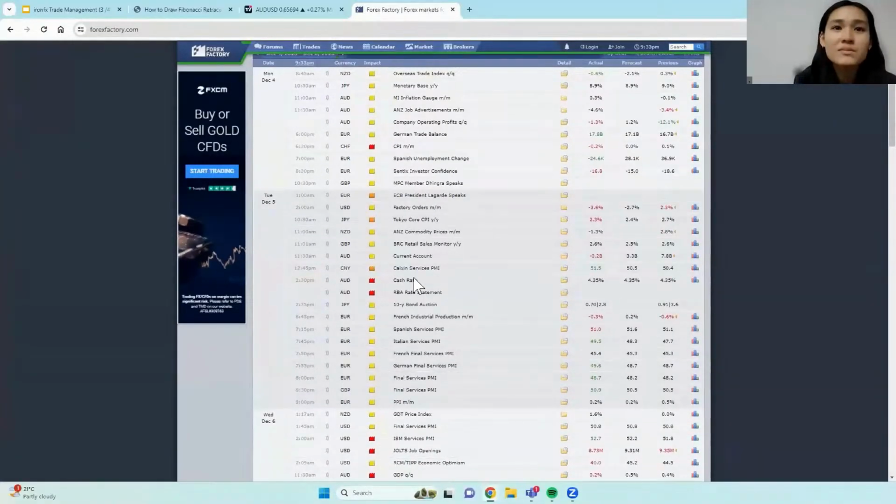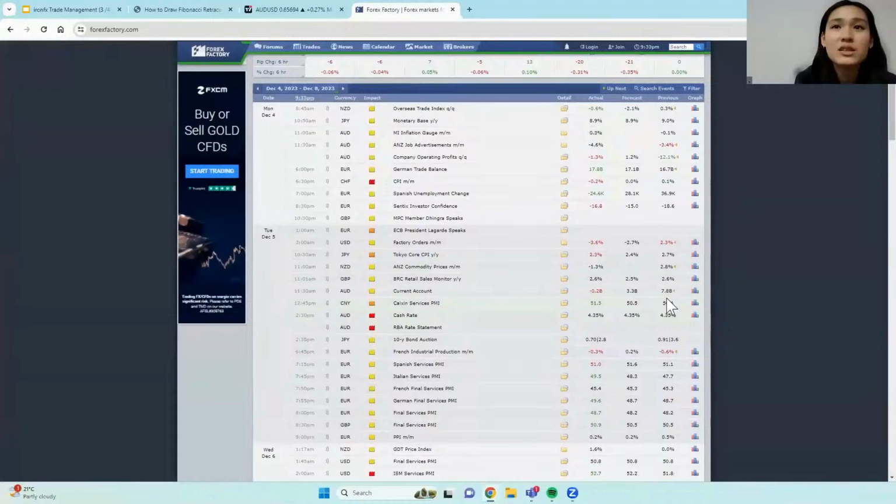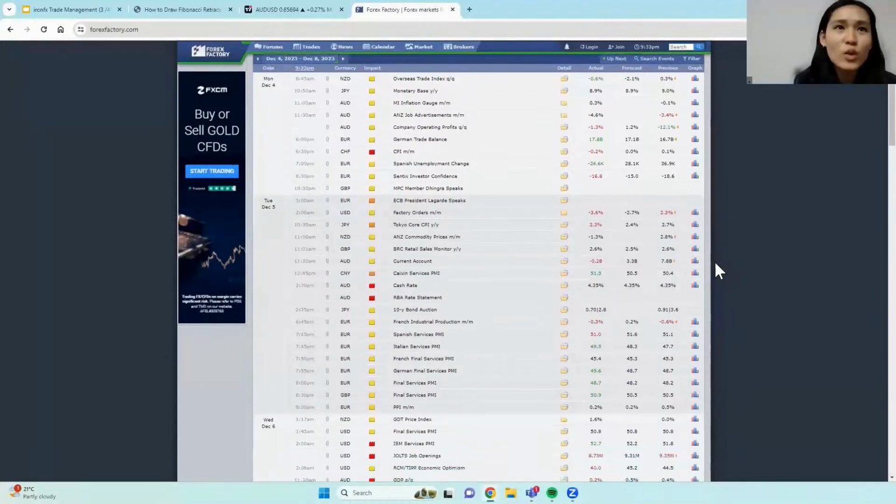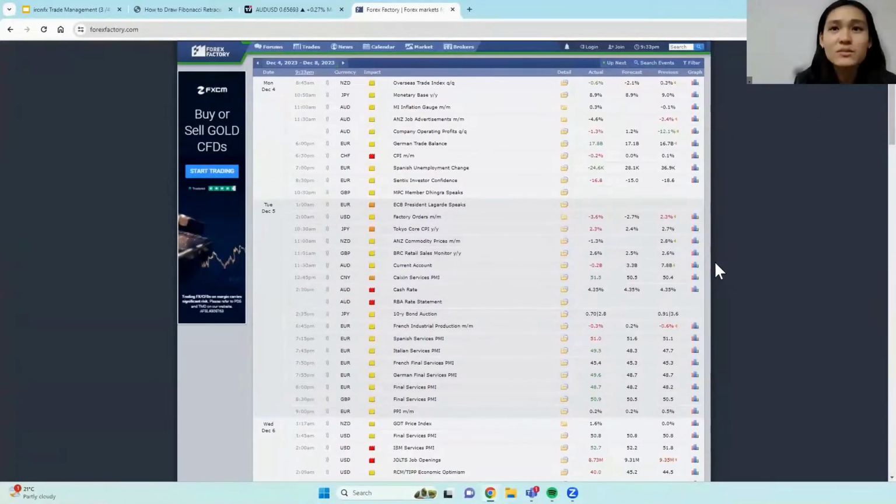Feel free to just copy the names of whichever news event you're looking for into Google and look for an explanation on what you are expecting, what the investor sentiments are, but of course also what the governments are expecting to do as well.